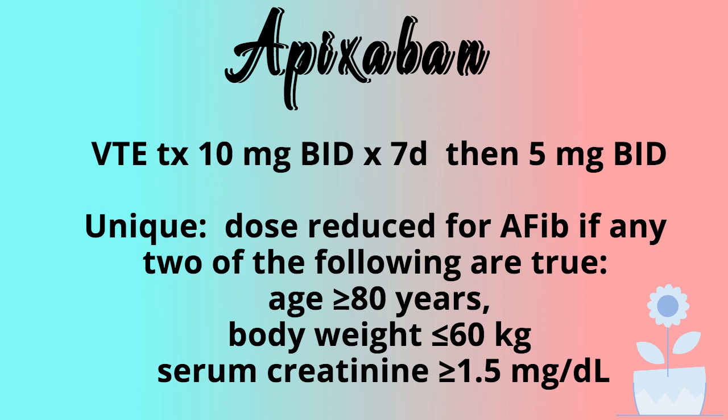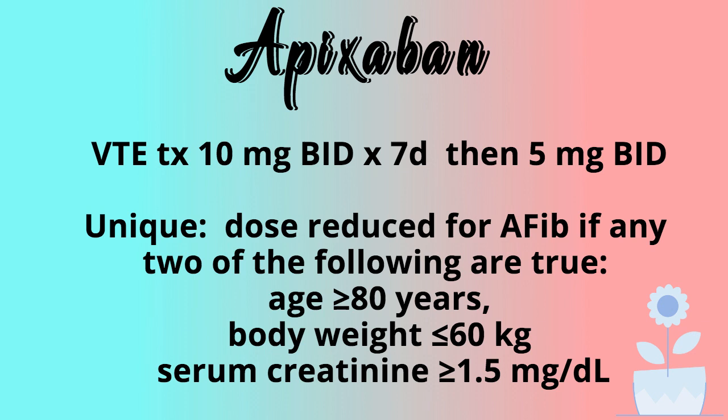Now, for the indication of AFib, atrial fibrillation, it is actually dosed in a very unique way. I don't know many drugs that are dosed this way. So you have the regular dose, which is 5 milligrams BID for AFib, unless your patient meets 2 of the following criteria: if their age is 80 or older, if their body weight is 60 kilograms or lower, or if their serum creatinine is 1.5 milligrams per deciliter or higher.